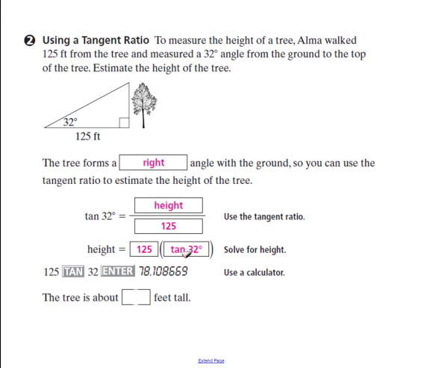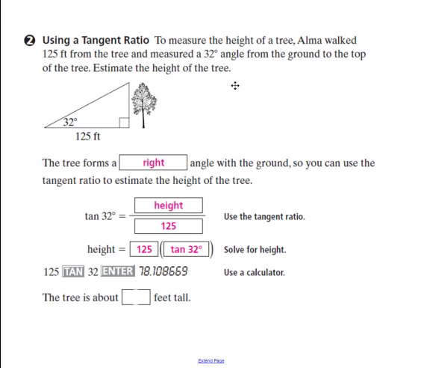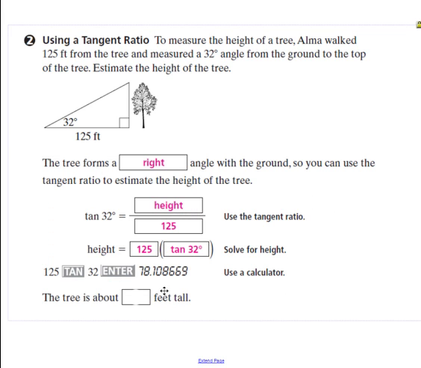Remember, we could go back to the chart that we had originally found and look for tangent of 32, but our calculators have those charts programmed into them. So we can just hit in the calculator, 32 tangent, we get 0.624 times 125, and there's 78.1, which is what they get here. So the tree is about 78 feet tall.